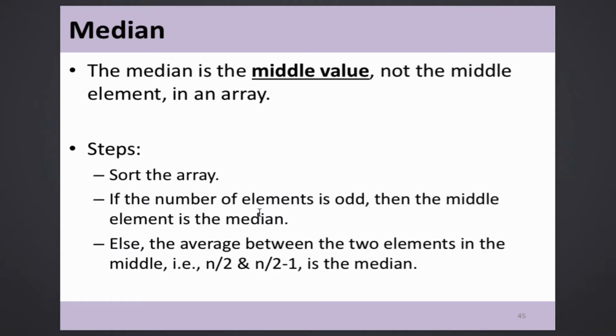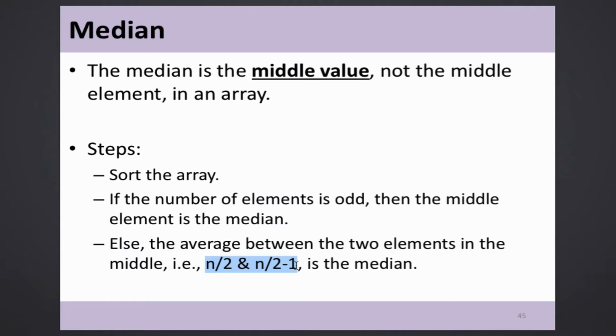If it's an even number, then it will be these two array indices, average them out, and that becomes the middle value. Remember, median means middle value, not middle item.